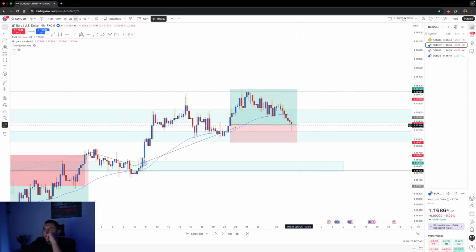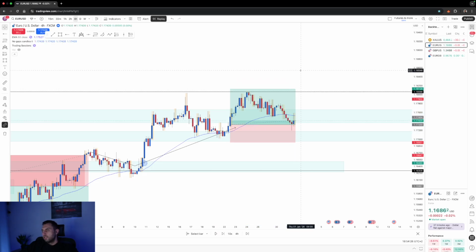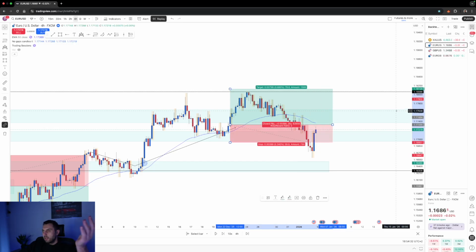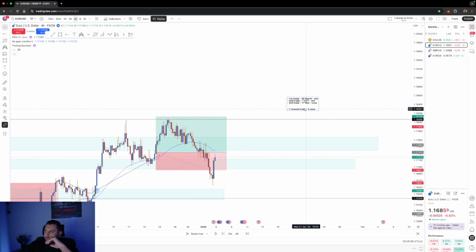So if I would have taken this trade, it would be, let's see, a stop loss. Yeah, a stop loss. But let's say I would have taken this trade, and it would be a loss, and in the end we end up with 2 wins and 2 losses.